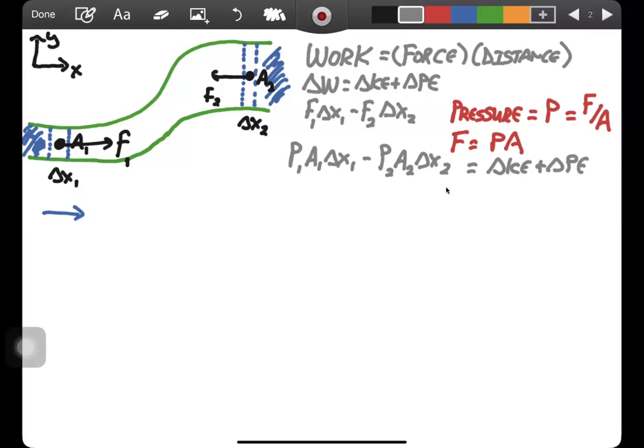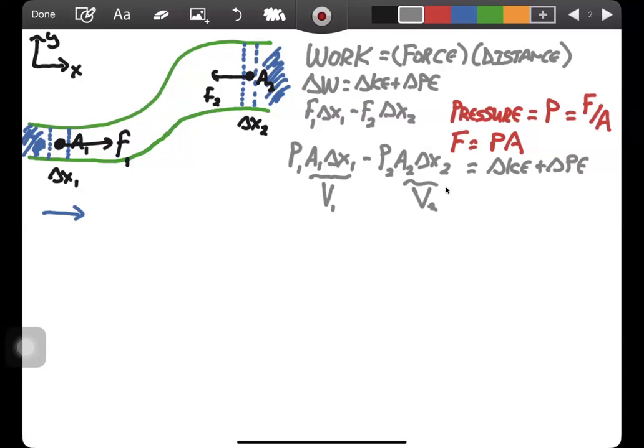And so when I'm talking about some cross-sectional area moving some horizontal distance delta X, this is just a volume. The area has units in meters squared. The delta X has units in meters. And so we can just call this V1. And we can just call this V2.